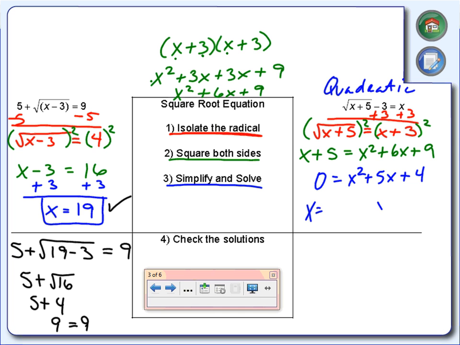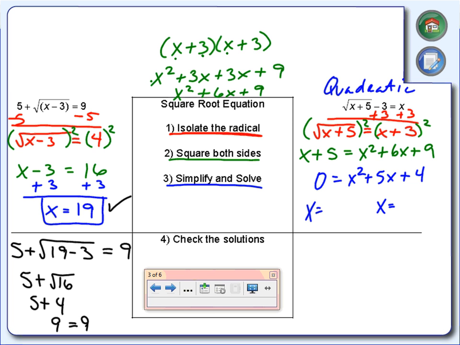What we're going to be looking for are the x-intercepts. Those x-intercepts represent our solutions. Let's see what they are. How do we graph that? All we do is go to y equals, type in x squared plus 5x plus 4, hit graph, and find your x-intercepts.